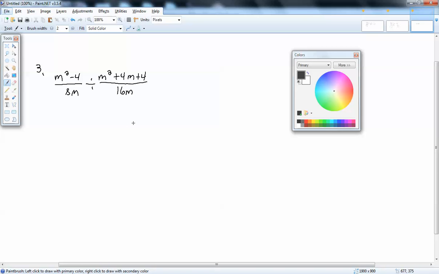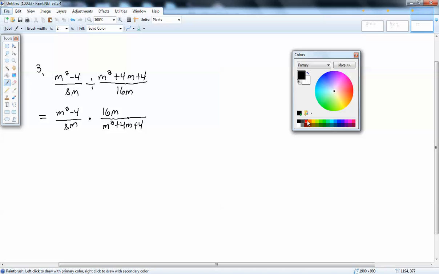Now this is dividing rational expressions. We never actually divide. We immediately rewrite as multiplication. So the first fraction remains as is, we change the division to multiplication, and we flip the second fraction. Take the reciprocal of it. So it'll be 16m over m squared plus 4m plus 4.